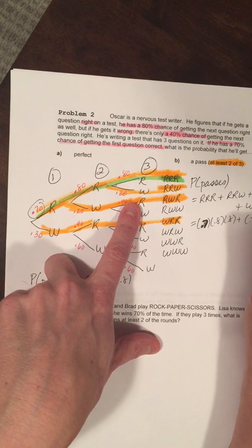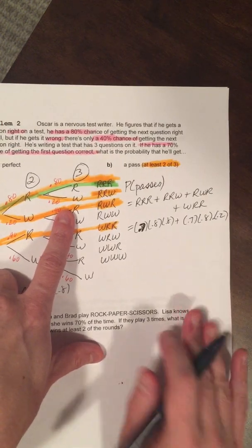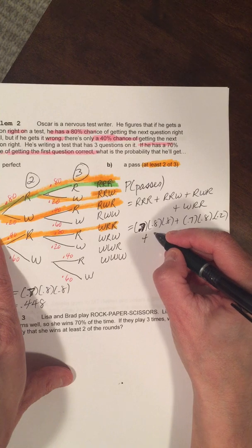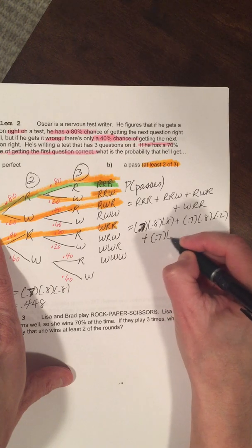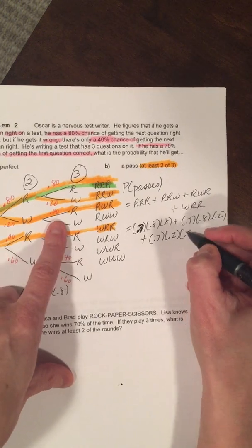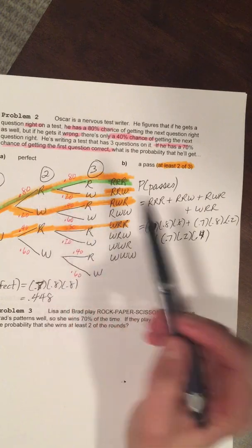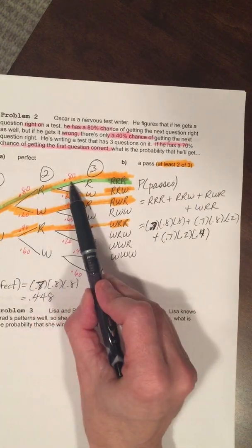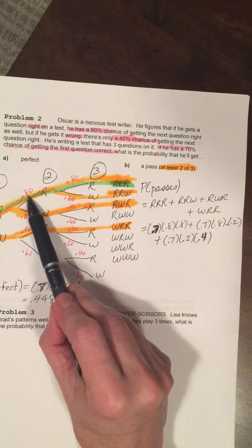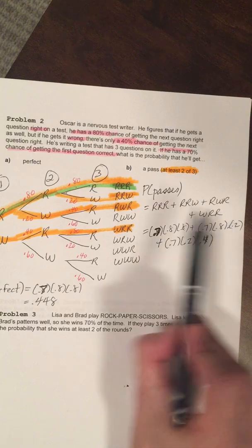Now we've got right, right, wrong. 0.7 times 0.8 times 0.2. Now we've got right, wrong, right. So hold on, let's go over that one more time. Right, right, right. 0.7 times 0.8 times 0.8. Right, right, wrong. 0.7 times 0.8 times 0.2.